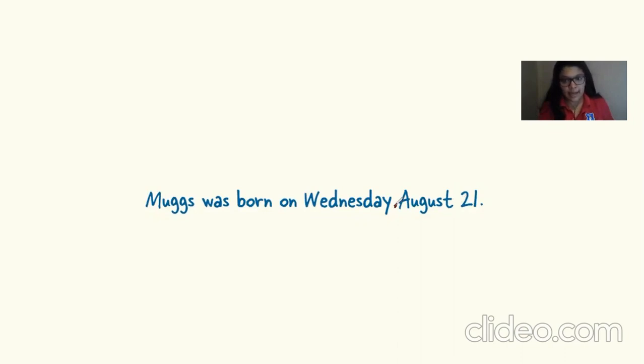After Wednesday, I am going to put the comma. Sorry for the comma. I can draw a comma here on the screen. So did you see? Max was born on Wednesday, comma, August 21st. So, the other example, pay attention.